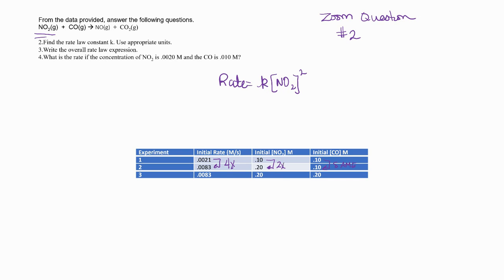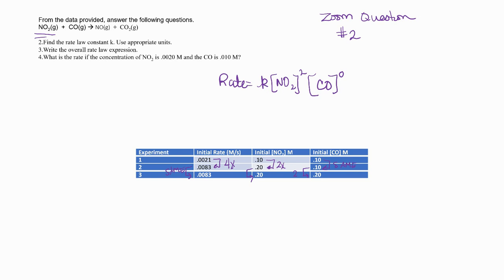Okay, now let's take a look at the other ones. We have to find where NO2 is the same, so that's these two, that's the same. This CO doubled, and then the rate stayed the same. So then we concluded that it's 0 order for CO. So maybe this is ringing some bells now. We did do this one.